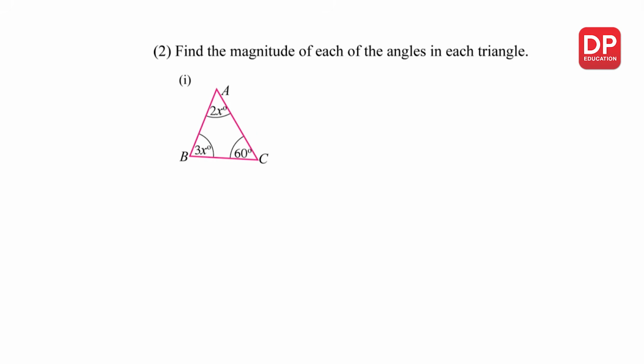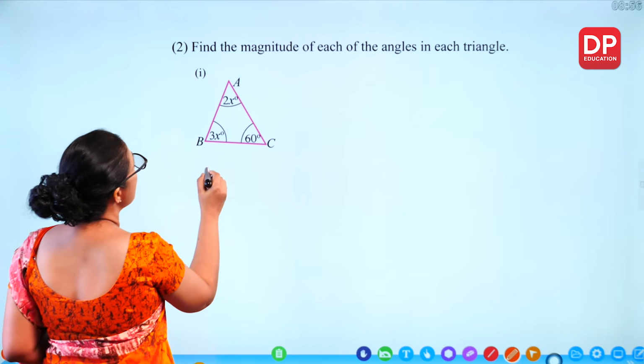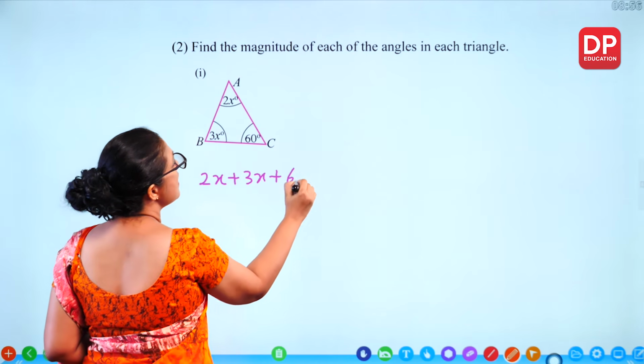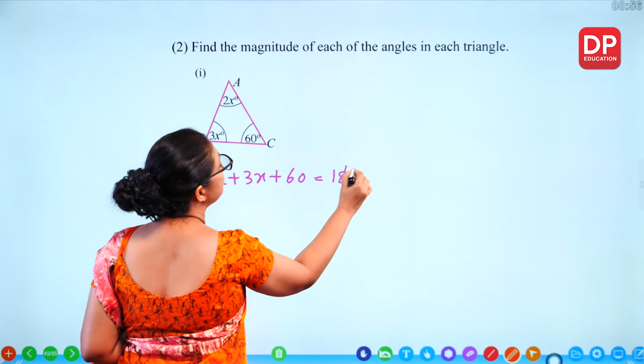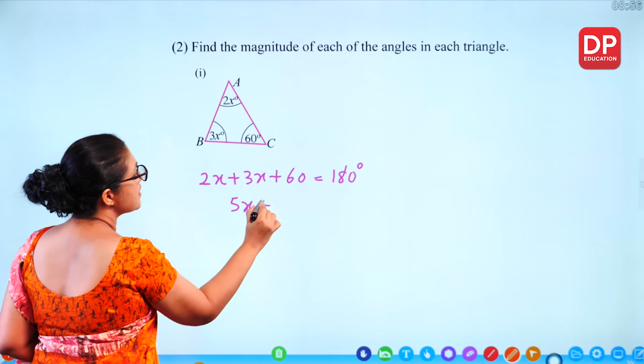Find the magnitude of each of the angles in each triangle. So this is a triangle ABC. I can write 2x plus 3x plus 60 is 180. 2x and 3x becomes 5x.